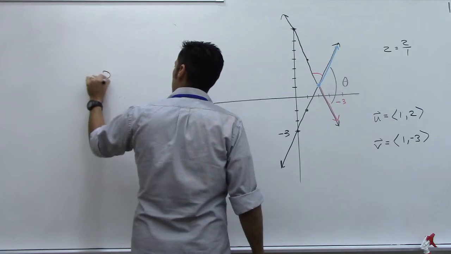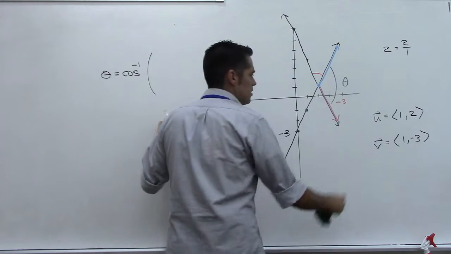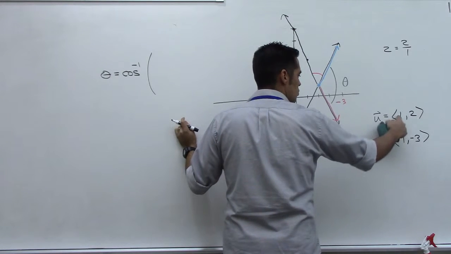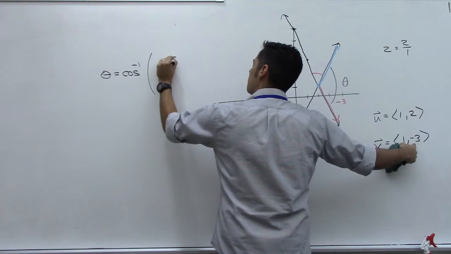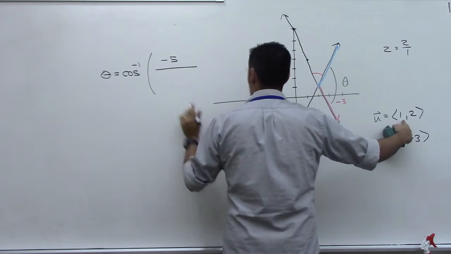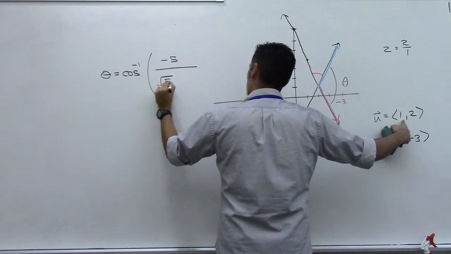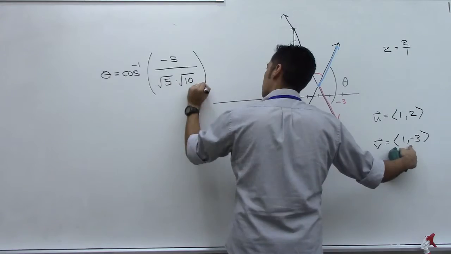What I know is that theta is equal to cosine inverse of the dot product of these two vectors, so that's 1 minus 6, so negative 5, over the length of this vector, which is the square root of 5, and the length of this vector, which is the square root of 10.